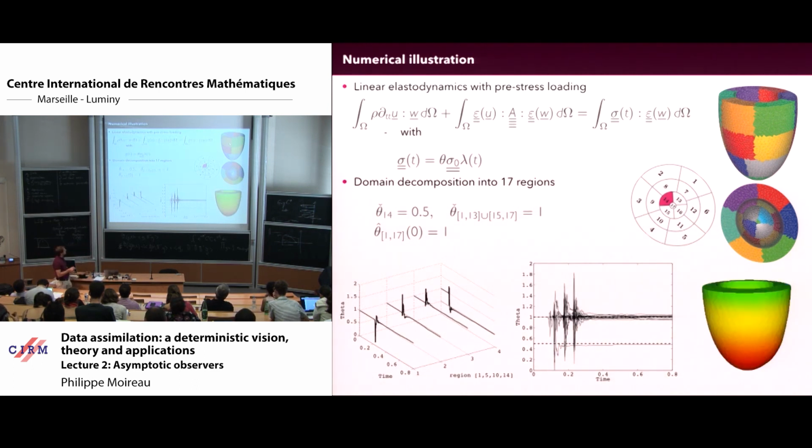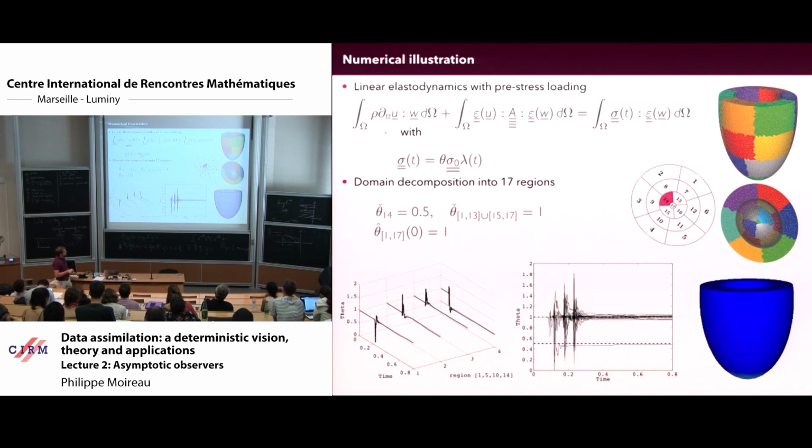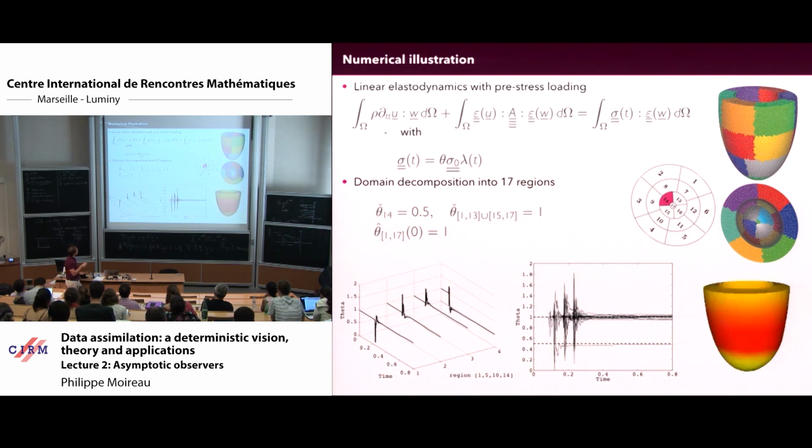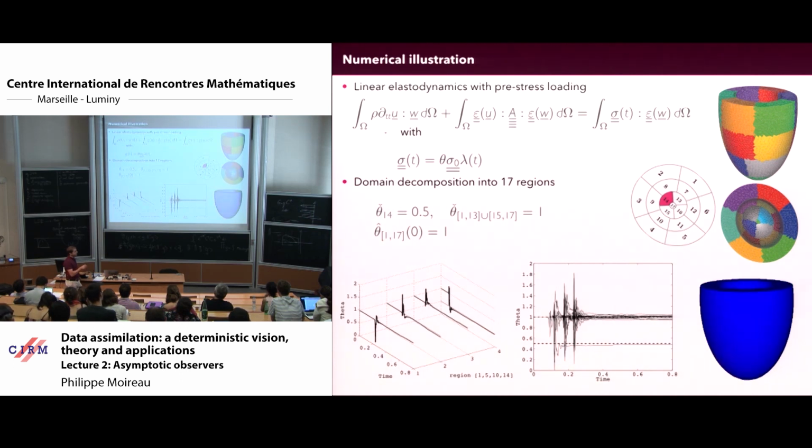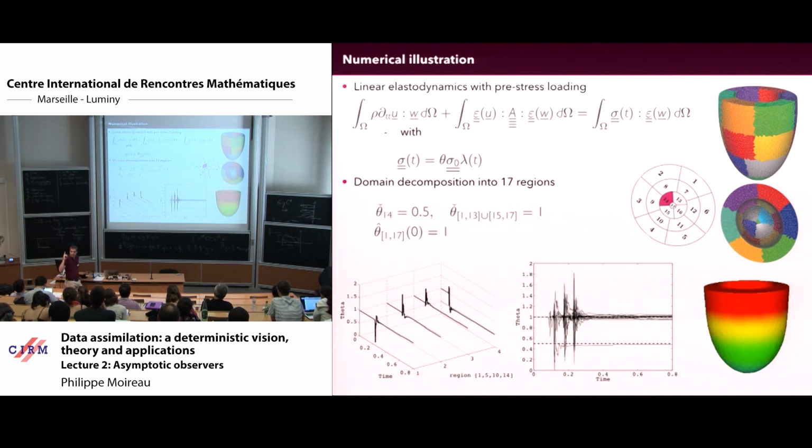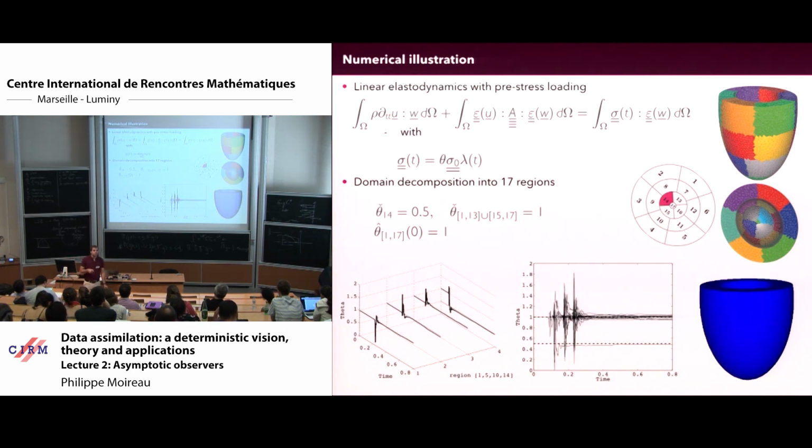So this is the direct problem. It will look like a heart in 2 minutes. And you try to identify some parameter on the right-hand side. I decided to have 17 regions in my domain, and I decided to infer one parameter in each region. I start from every one equal to 1, and I generate observations where in one region, the 14th one, I have put the parameter to 0.5.